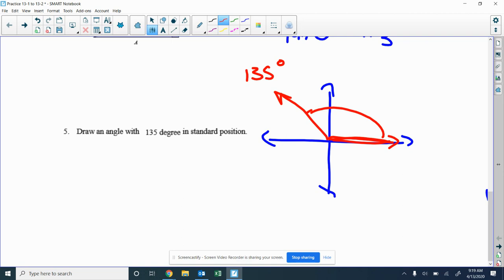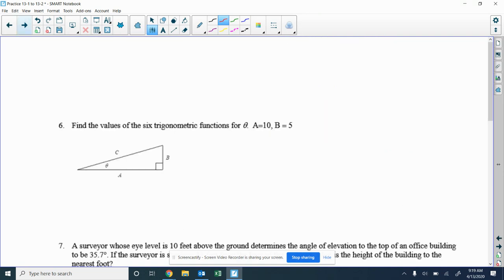Moving on now to number 6. Find the values of the 6 trig functions. Again, we're going to do just 3 of these. Sine, cosine, tangent, not all 6. So again, we're going to do very similar to the very first problem today. We do need to find the hypotenuse a little bit here. So side A is 10.